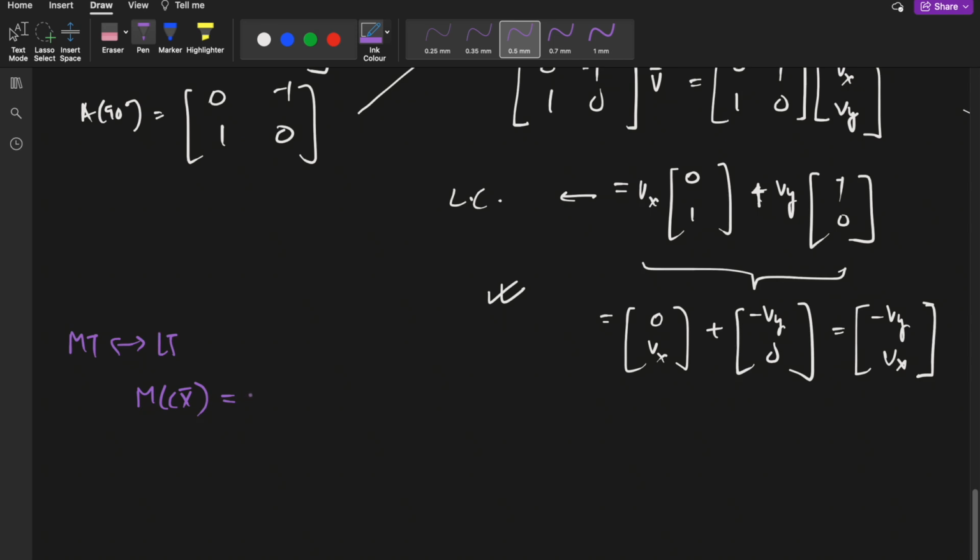If you see, what is this? This is basically the matrix M, and you are multiplying it with a scaled version of vector X. So what you can do is simply first multiply matrix M with the vector just like we do here, and then you can scale it. And the second property of linearity is this.